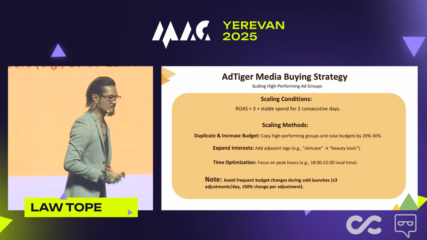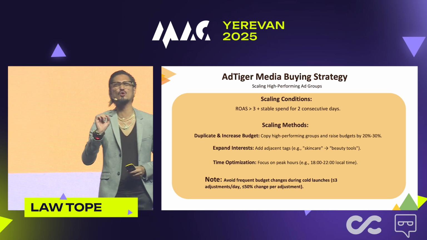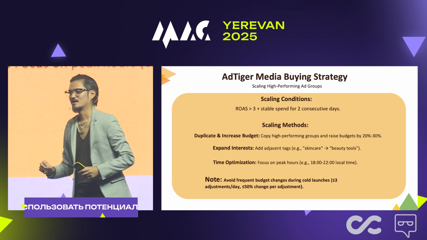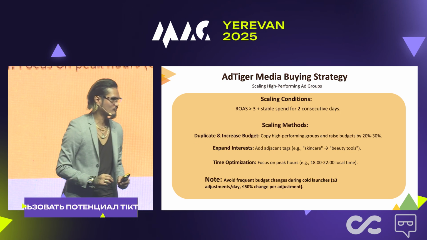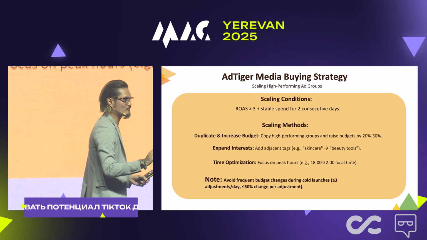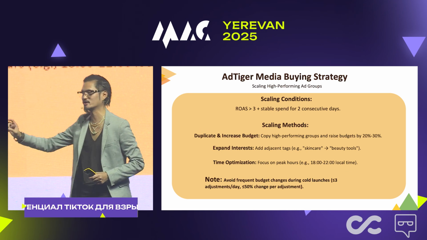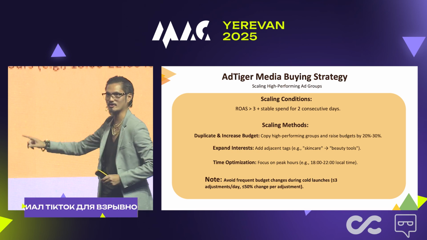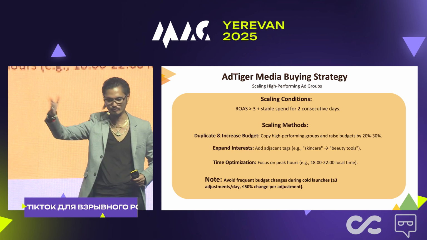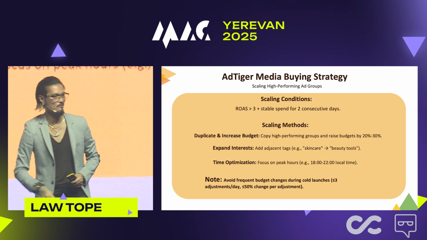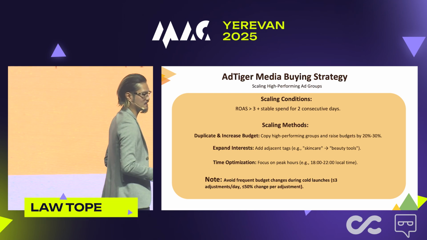Okay? And then time optimization. This is so crucial. This is very, very crucial. When you launch your ads, you have to launch at peak hours, 1800 to 2200 local time, wherever you're going to promote your product. 1800 to 2200 hours is the optimal peak.